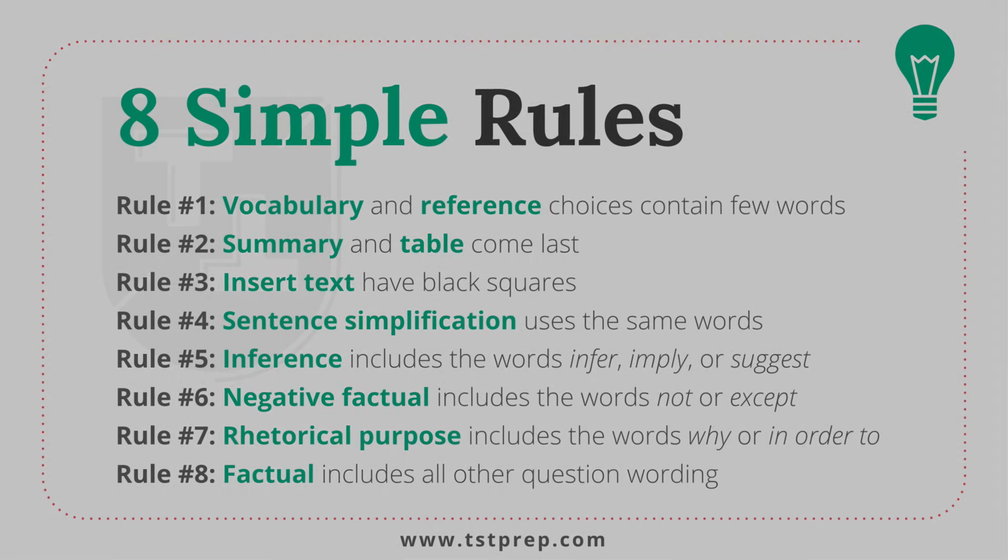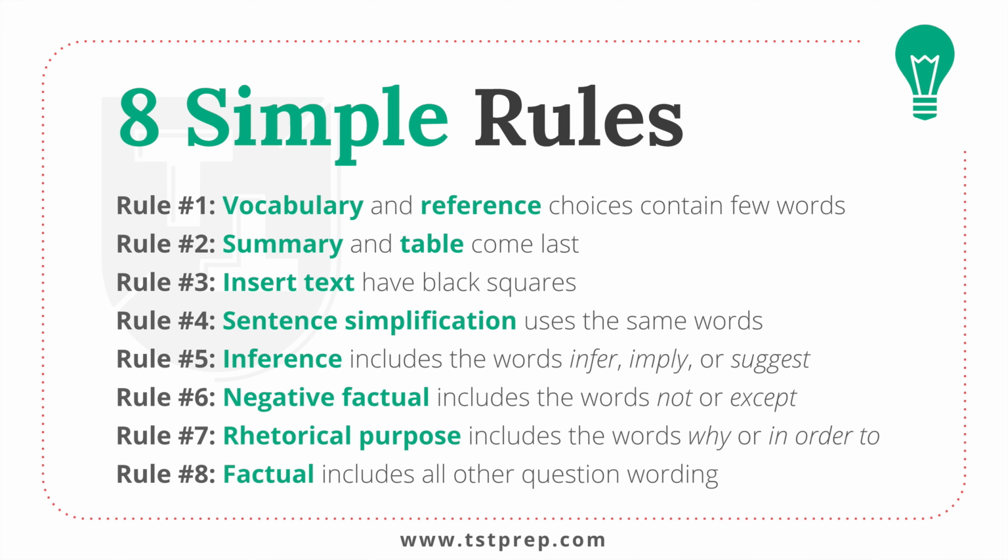This is different than the last simple rule, factual information questions. Factual information questions is all the other questions, pretty much. These have a lot of different ways of being written. They say like according to the passage. A lot of times they are what questions, what or how or where. So these WH questions, not why.